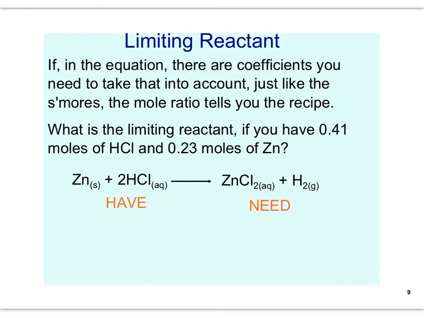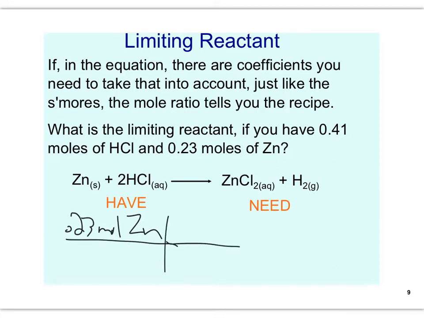What is the limiting reactant if you have 0.41 moles of hydrochloric acid and 0.23 moles of zinc? So if we go through and start this one off, I'm just going to pick either one. Let's say I wanted to pick, I have 0.23 moles of zinc. Again, you can start with either one. That's what I have, and I'm just going to solve for what do I need.